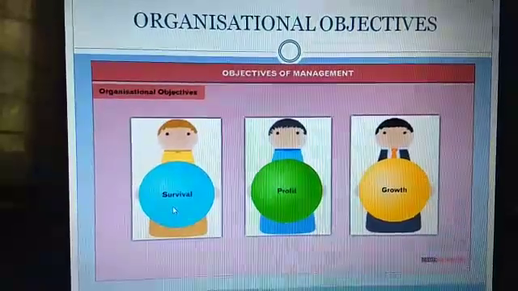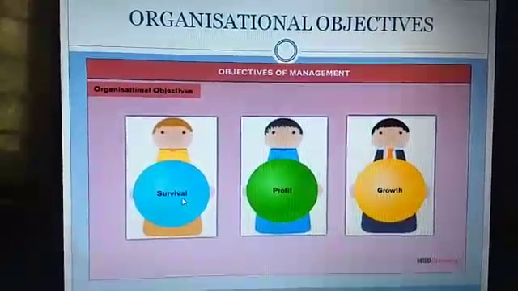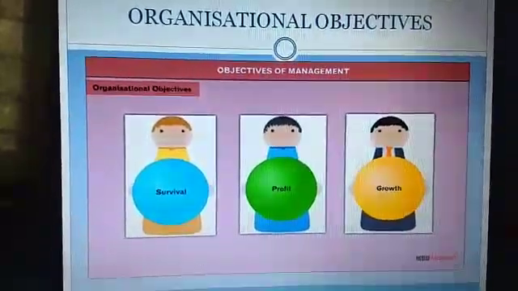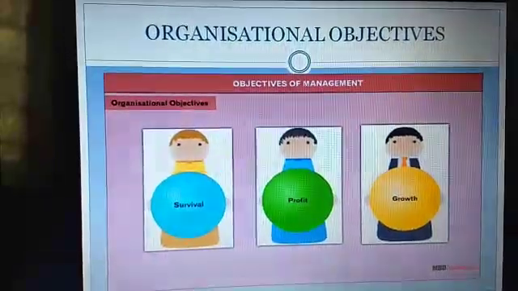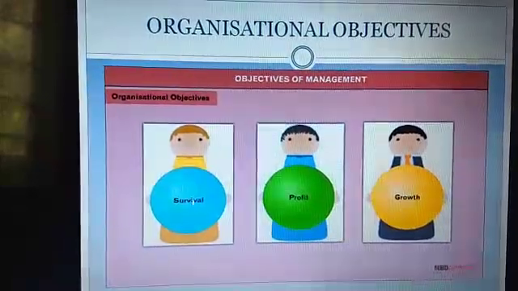In survival, every organization strives to survive in the market, and for that purpose they try to cover up their cost with the revenue that they earn.